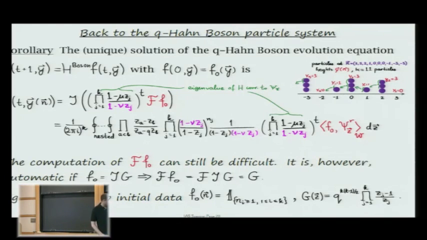But take the function g to be this, and then you apply j, which is just a contour integral, so it's quite easy to compute contour integrals by residues. And then you actually get a very non-trivial combinatorial identity, an infinite summation formula, which in particular for this initial data produces the 1 over z, and you can check that if you apply j to this function g, you get the initial data for step initial data.